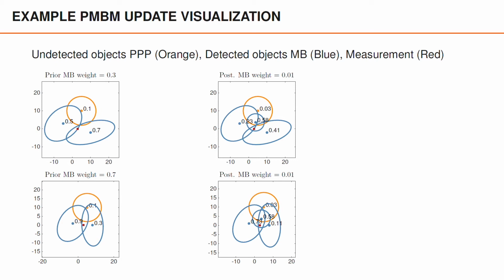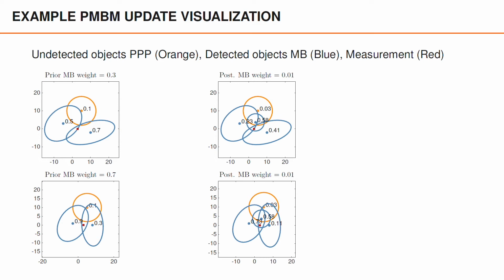First, we have that the measurement is associated to clutter or a potential new object, in which case we get a new Bernoulli. In this example, it has probability of existence 0.58. We can also see that the misdetected Bernoullis, in both posterior multi-Bernoullis, the 2 misdetected Bernoullis have lower probabilities of existence, and the weight of the undetected Gaussian is lower.